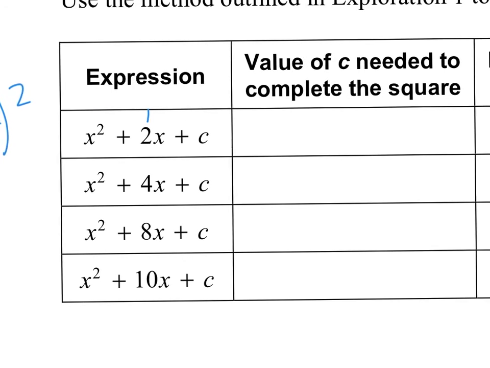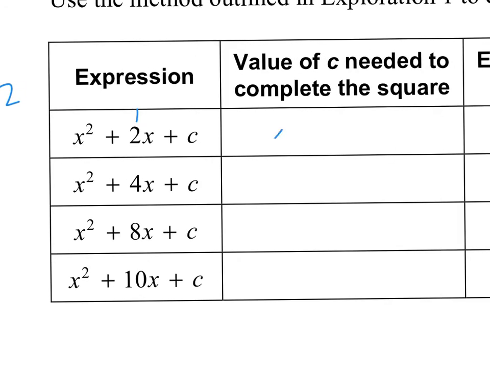So when figuring out what the c is going to be, it's going to be x squared plus 2x plus 1. And then the second one, half of my b is 2. 2 squared is 4. So this ends up being x squared plus 4x plus 4. Third one, half of my b is 4, and I square it, which is 16.